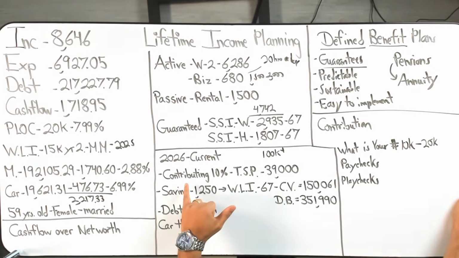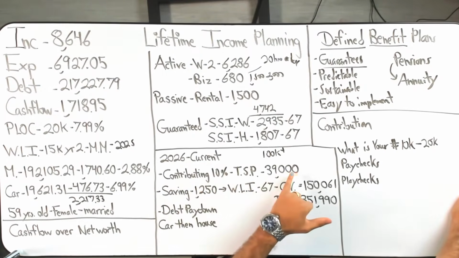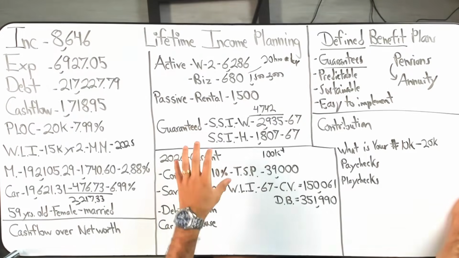So we talked about how they're contributing 10% to the TSP. This is what? This is a net worth strategy. I'm not against it, but what we're not going to do is contribute the max.